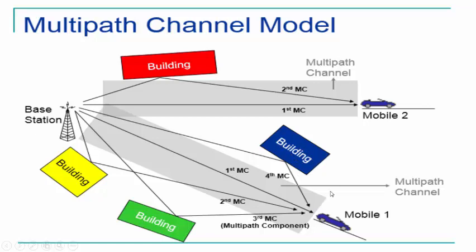The third multipath component is due to this particular green color building, and the fourth multipath component is due to the blue color building. So in this way mobile 1 is receiving 4 different multipath components, and due to this reason mobile 1 is affected by fading.